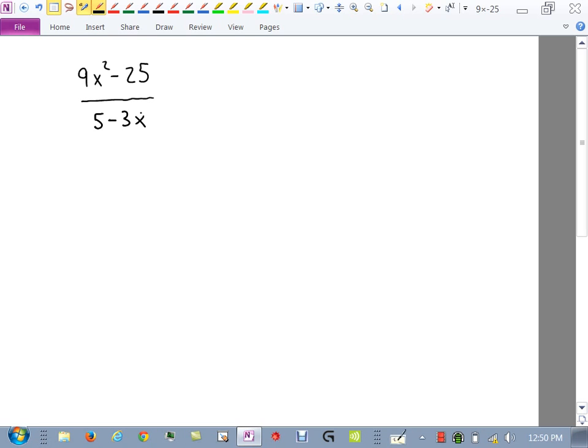All right, so we look at the top and bottom separately. On the top, do you have a GCF? No, right? But it is a difference of squares? Is that what I'm hearing? 9x squared minus 25. That's the same as something squared minus something squared. So what is it? 3x, and then over here it's 5, right?